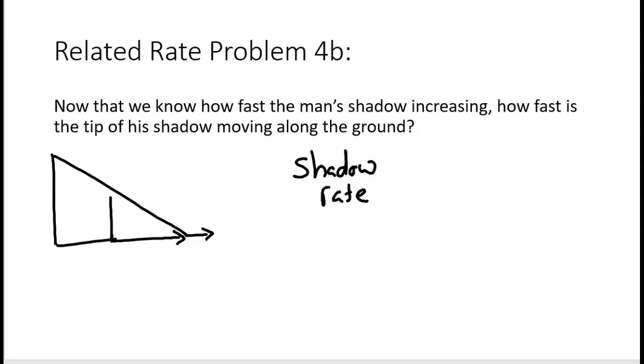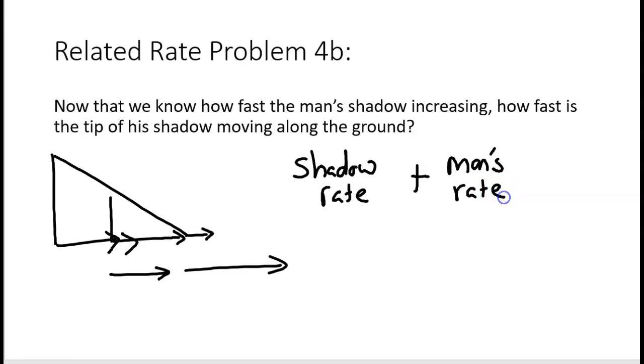Another thing that's causing the tip of the shadow to move is the fact that the man himself is moving. So you have two rates. Not only is the man moving in this direction, but his shadow is growing in that direction also. So you're going to take the rate at which the shadow is growing, and you're going to add it to the man's rate at which he's walking, and that will give you the total rate at which the tip of the shadow is moving.